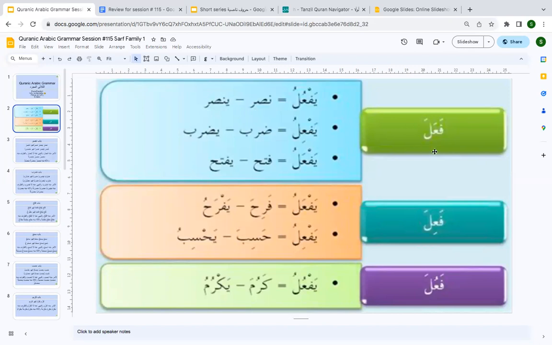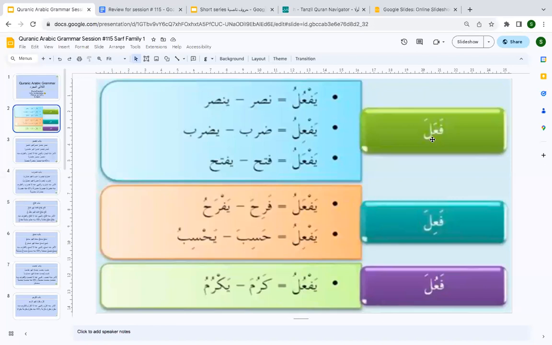If Fa'ala marries Yaf'ulu, with Ain with Dhamma, the sub-tribe is going to be named Nasara or Bab Noon.